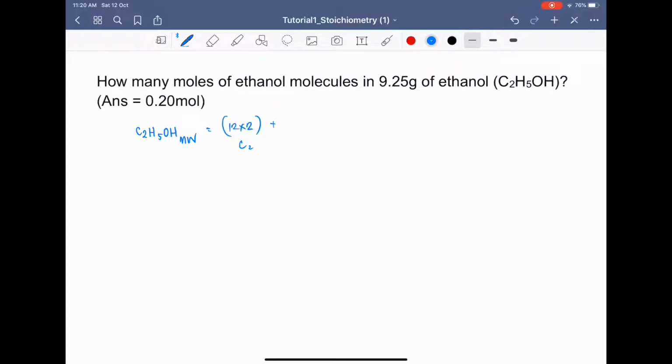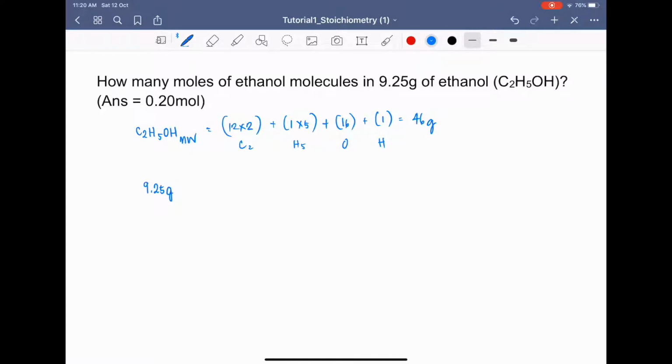And then we have 5 for hydrogen, so 1 times 5, plus 16 for oxygen, plus 1 for hydrogen. You can get all this information from the periodic table. Adding it all up, we get 46 grams.